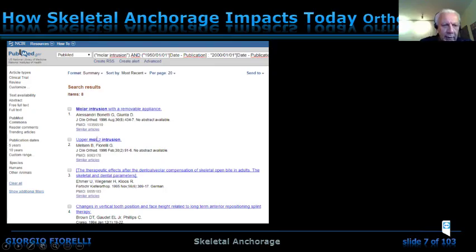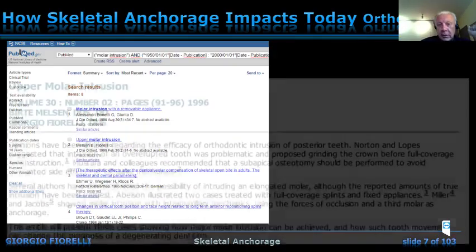By the way, one of these papers was mine together with Professor Melsen. So this means that there were very, very few possibilities of having a molar intrusion at that time. This was considered an extremely difficult kind of movement.